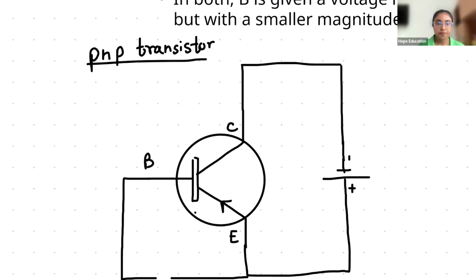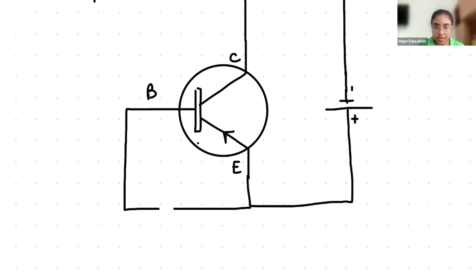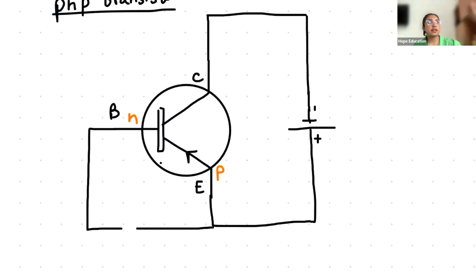For forward bias in a diode, the N semiconductor should be connected to the negative terminal of the dry cell and the P semiconductor should be connected to the positive terminal. Only then it is forward biased.